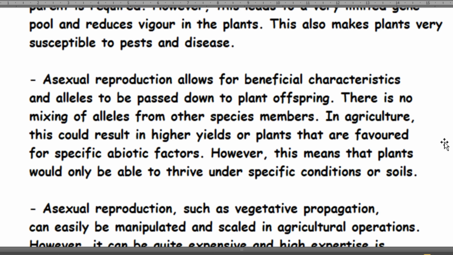Again, this limits its survivability, but once you have a stable ecosystem or at least a controlled ecosystem, you would be able to produce a lot of plants in a short span of time. But it would probably have to be maintained within that contained or controlled ecosystem, like for example a greenhouse.